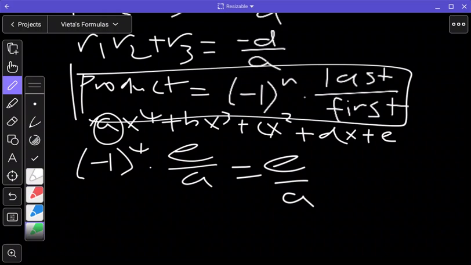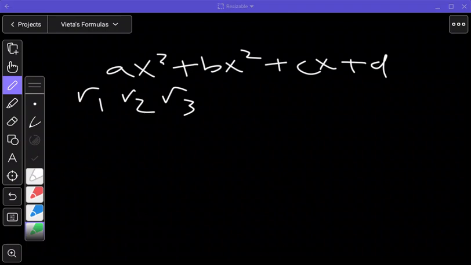With cubics and above, though, something else also happens. Instead of just the sums and products of all your roots, it also starts choosing two of your roots and multiplying them and adding all possible combinations.